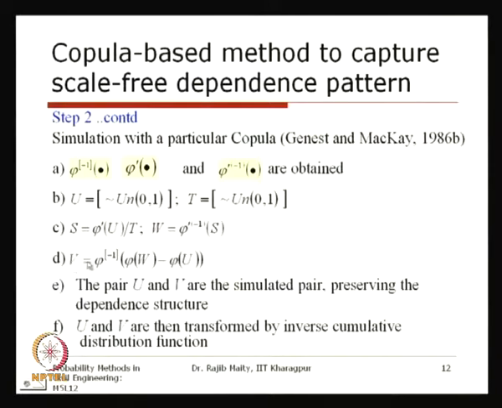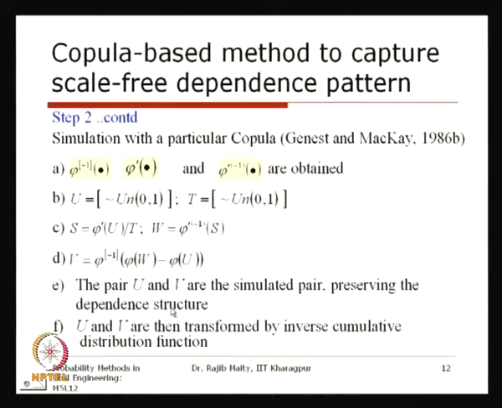Now, v is equal to the pseudo inverse of the generator phi of w minus phi of u, and this will give you another new series, which is v. Now, the pair u and this newly generated v are the simulated pair preserving their dependent structure.